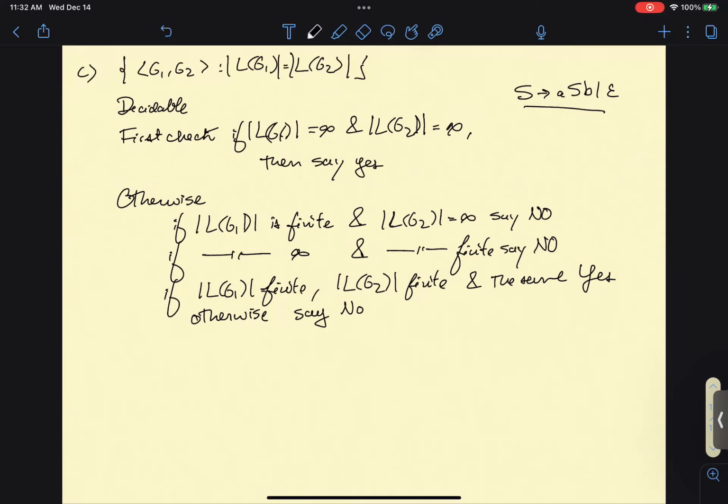So given that, you check if it's infinite, essentially if you have a cycle. If you have something like this, you start at S, then go to A, and then go back to S, right?